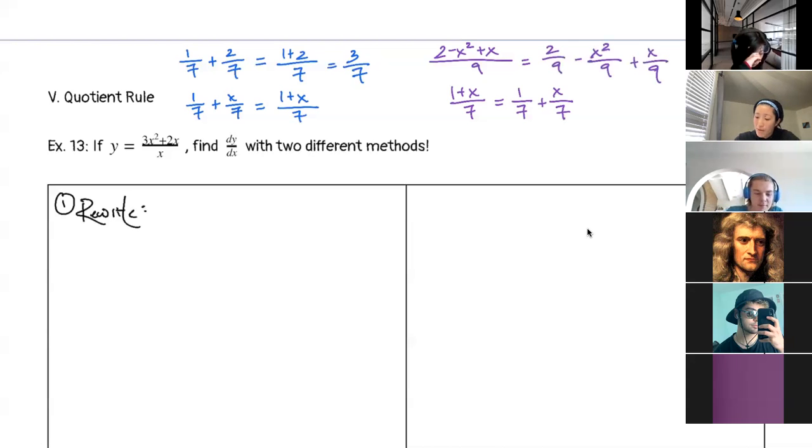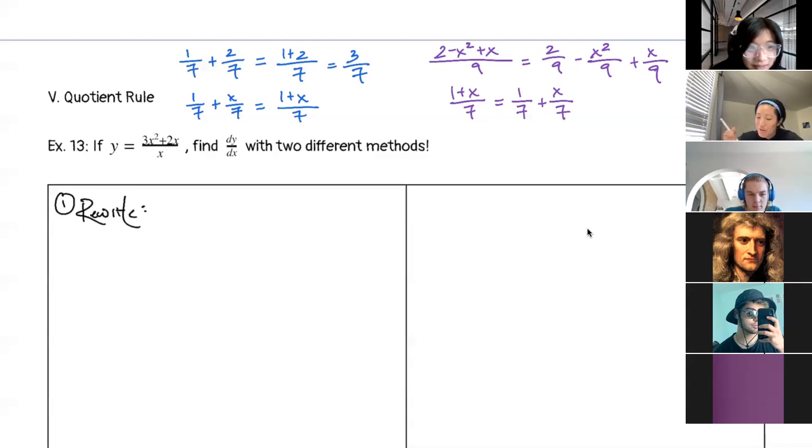Okay, so now let's come back to this question. When I have this, y equals 3x squared plus 2x over x, how can I rewrite that as separate fractions? Third time's the charm, yes.